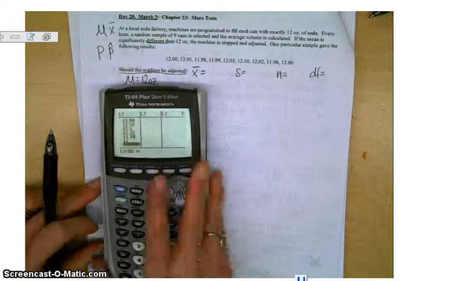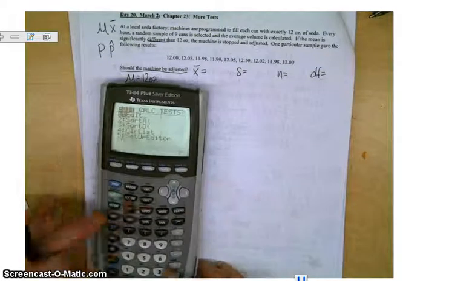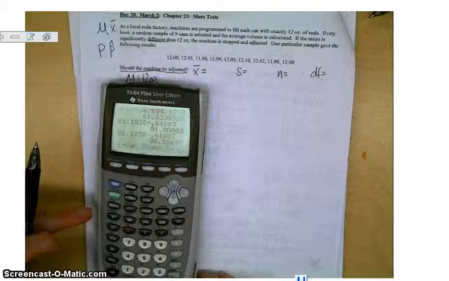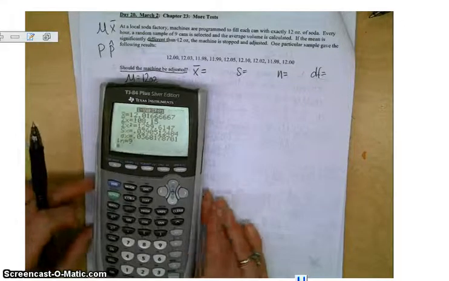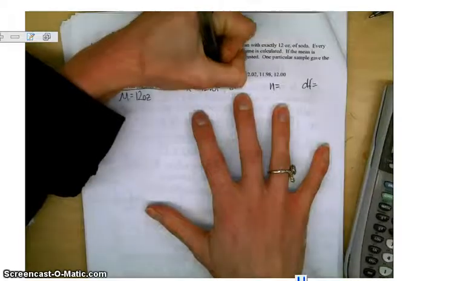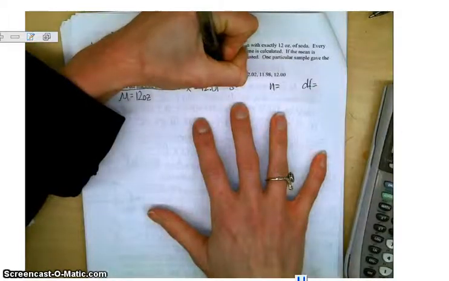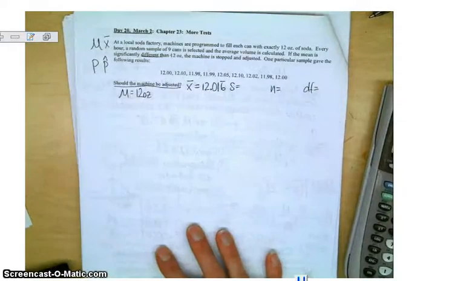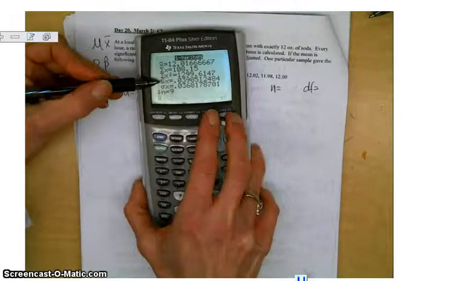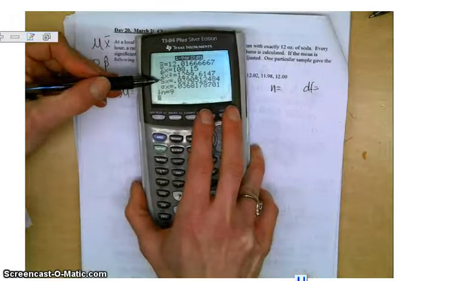All right, so now I have all my data in the list. I'm going to do stat, calc, one variable stats from whatever your list is. So I got that my sample mean is 12.016 repeating. And the sample standard deviation is the Sx, okay, Sx is the one you use, 0.0391.